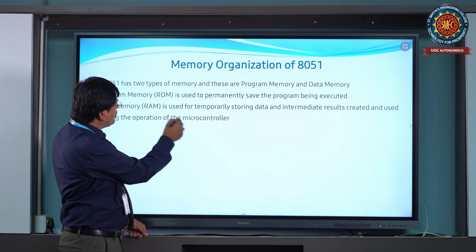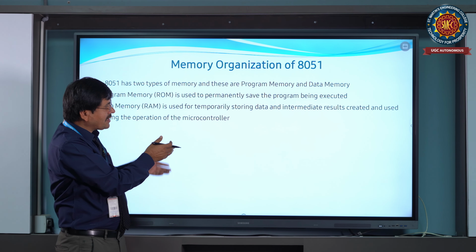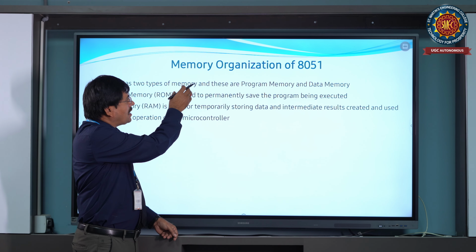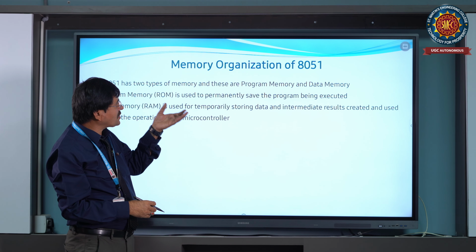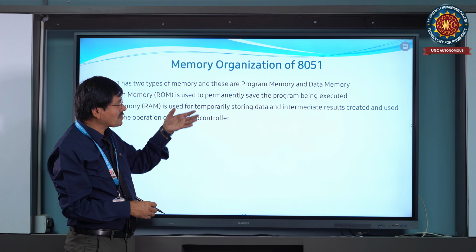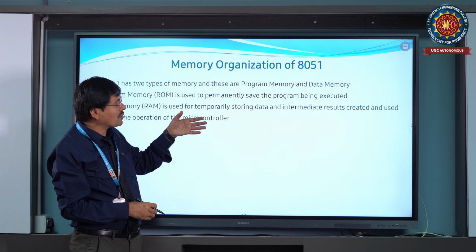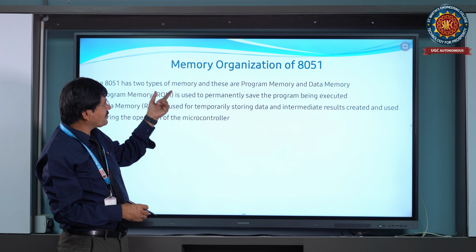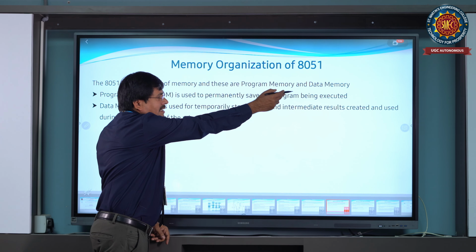Let's start the memory organization concept. As of now, we have seen all the specifications of the microcontroller, so let's discuss memory organization: how the processor organizes memory, internally and externally. First we'll talk about the internal memory organization, then the external memory organization. This processor consists of two memories: program memory and data memory.